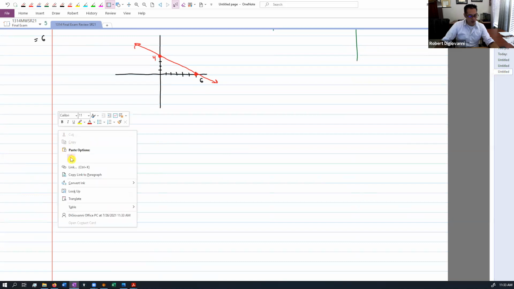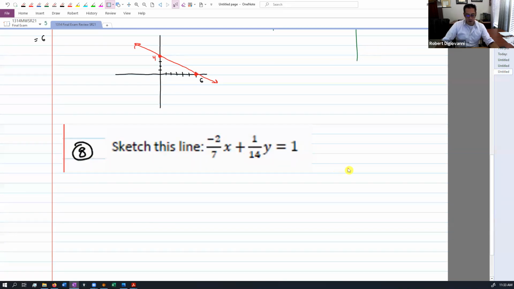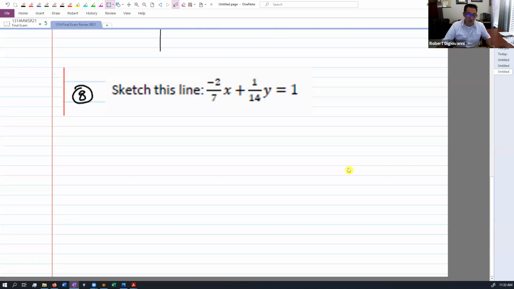Okay, the next problem. This one I think is better if you do it the X-intercept way, because see, it's not solved for y. So it's easier to do it using the intercept method.